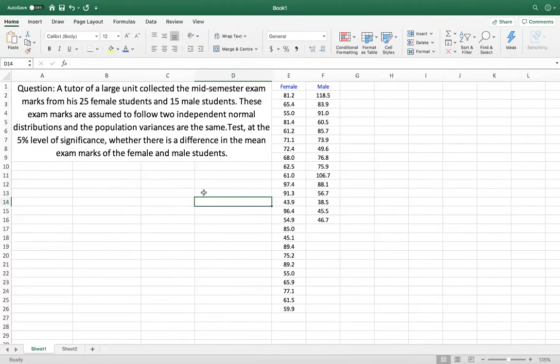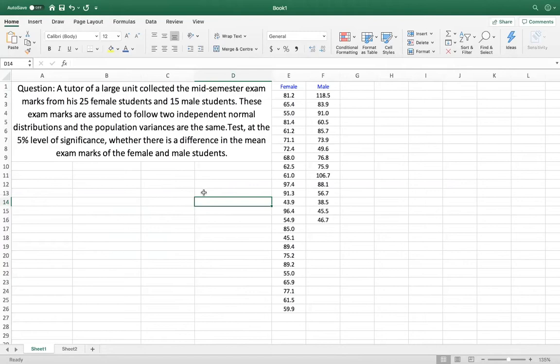Well, it's that a tutor of a large unit collected the mid-semester exam marks from his 25 female students and 15 male students. These exam marks are assumed for two independent normal distributions, and the population variance are the same.